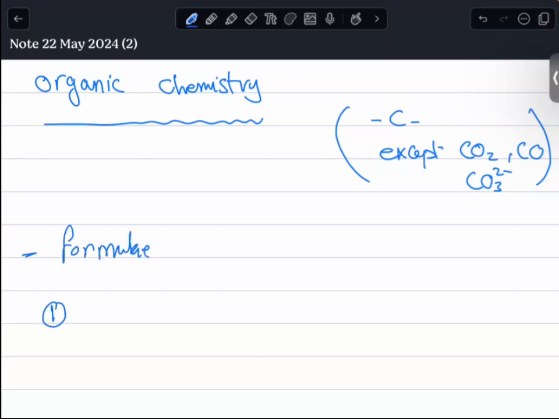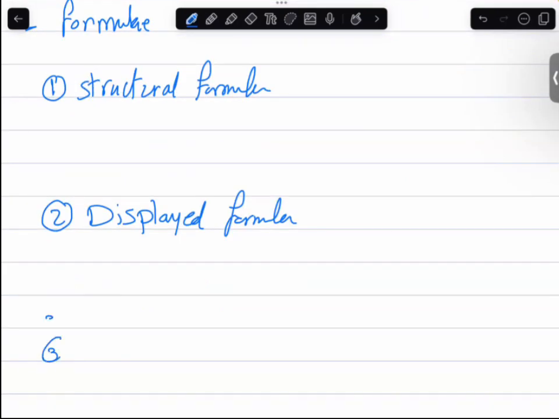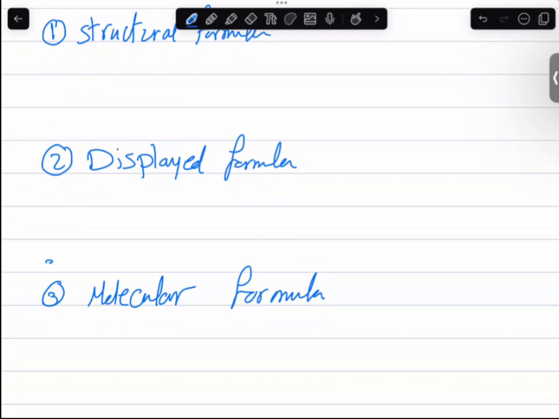We have something called a structural formula, and we have something called a displayed formula, and we have something called a molecular formula. The most famous or most common one that we all know is the molecular formula.